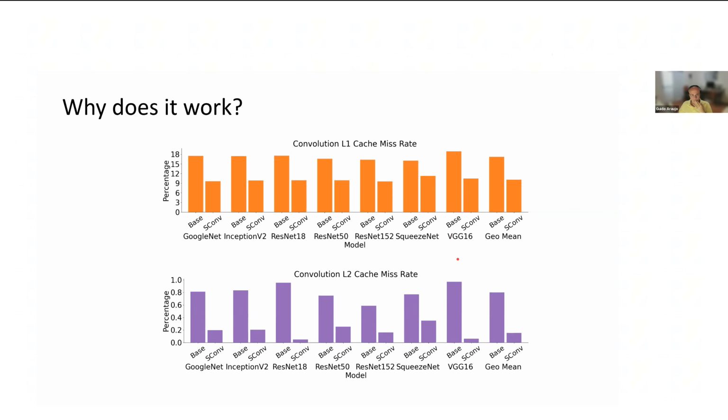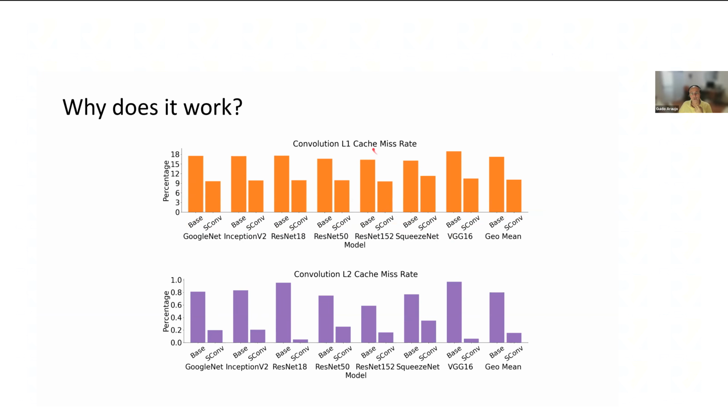We had the suspicion that the technique improved cache locality a lot, so we did this experiment. We measured for all models. The base here represents Img2col plus OpenBLAS, and SConv here is our technique, a direct convolution compiler-only approach in MLIR plus LLVM.